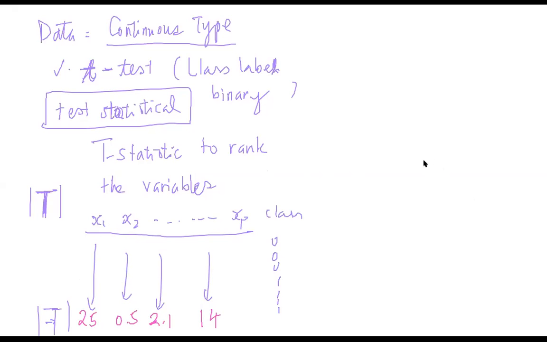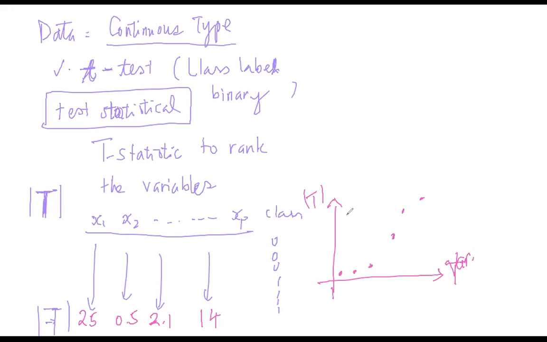After that, you can order them and plot them. This will be the variable, and this will be the absolute value of t. So you might see something like this, and then it may jump.